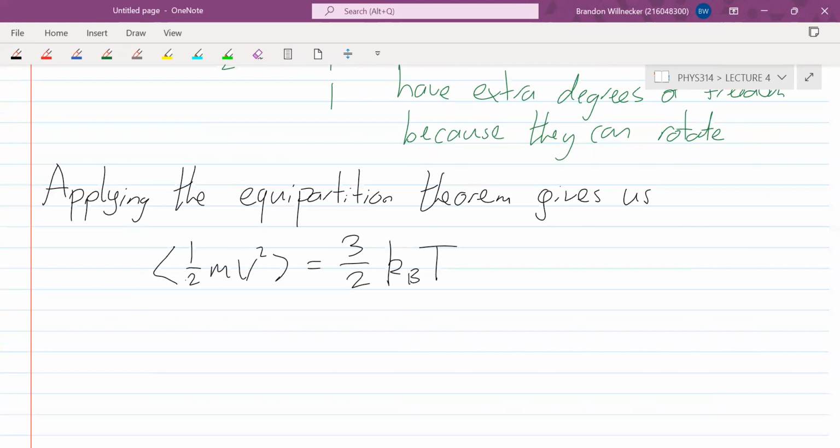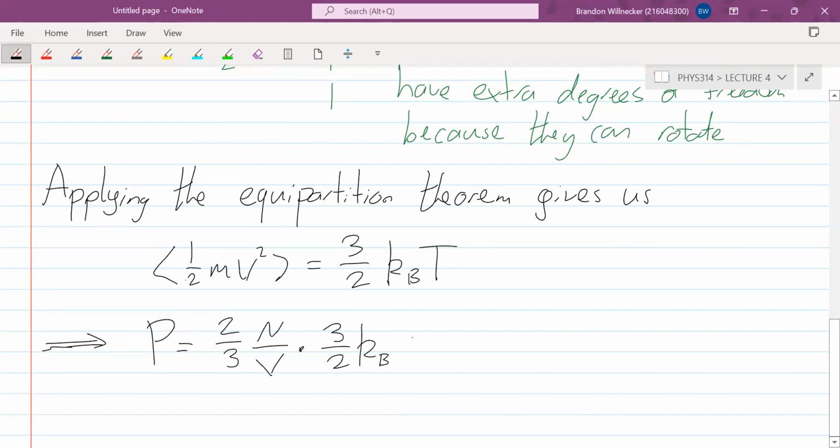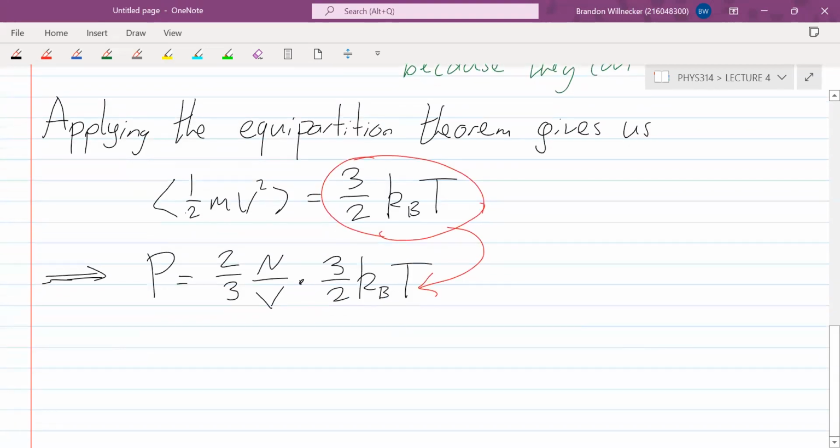With this, we can then write that the pressure is equal to 2/3, like we had before, times N over V, that was our particle density, times 3/2 kBT. We've just introduced that now, so this bit goes there. The 2/3 and the 3/2 are going to cancel out.